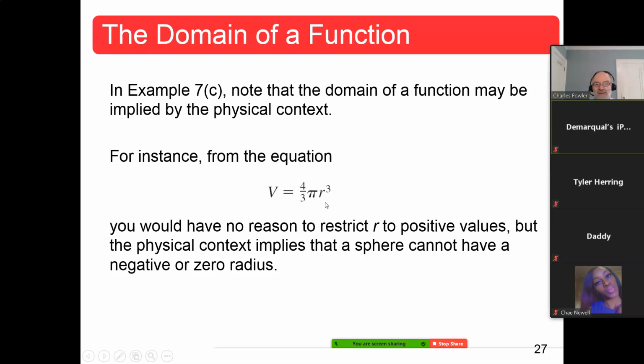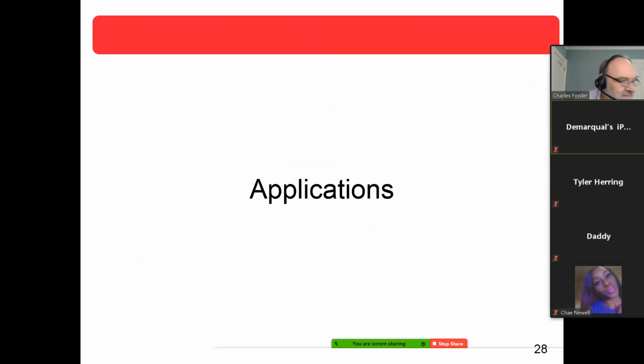If that was just an equation, y is equal to 4/3 pi x squared, then no restrictions whatsoever. But because they told you this is the volume of a sphere, that implies the sphere cannot have a negative radius or even a 0 radius. Okay, we beat that to death, I think. All right, that was example 7.